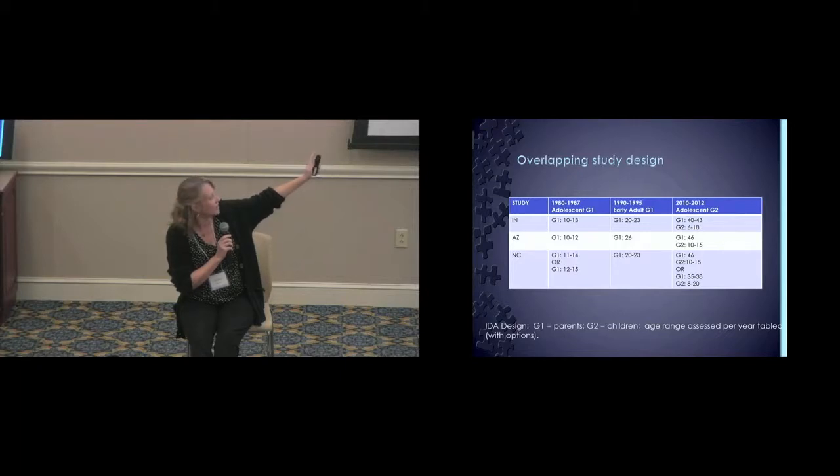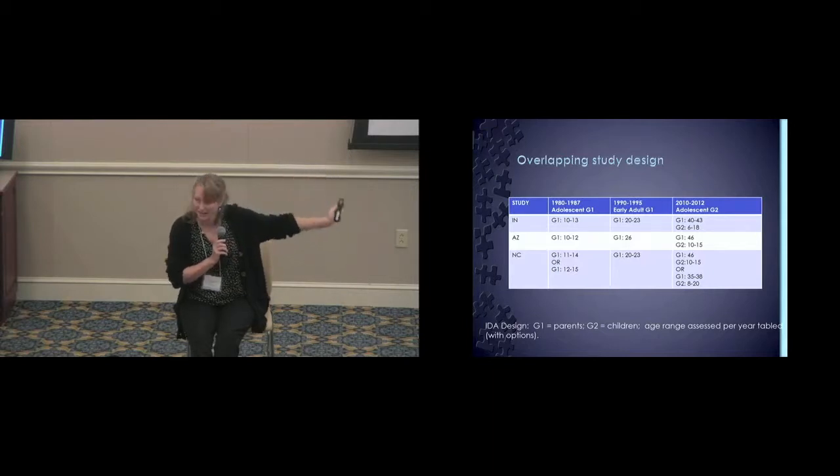I've got age ranges then for those same G1s when they're in early adulthood, and then I've got some assessments when the kids now are G2s later on. So that's kind of trying to map the designs out against one another before we even get to measures to see if we can cover what we need to cover.